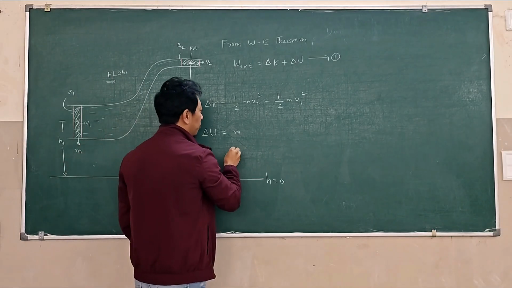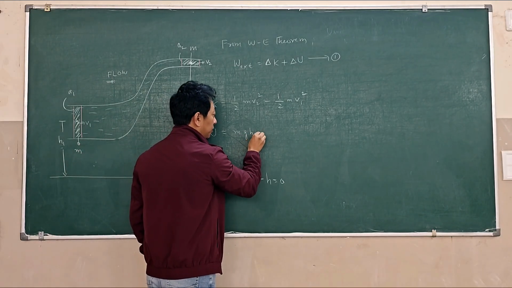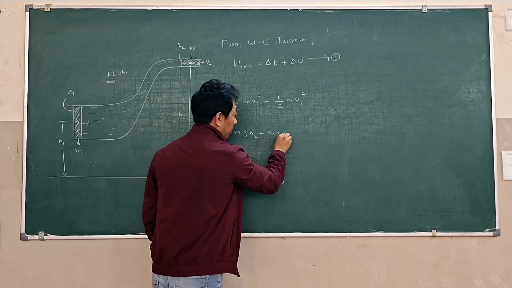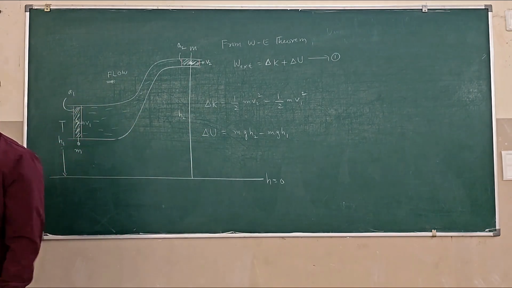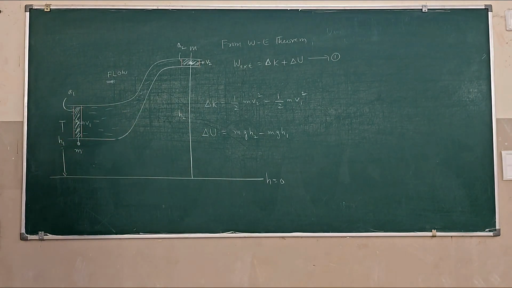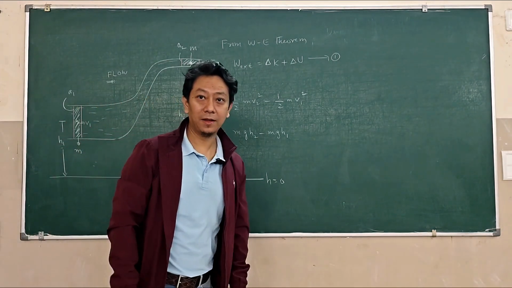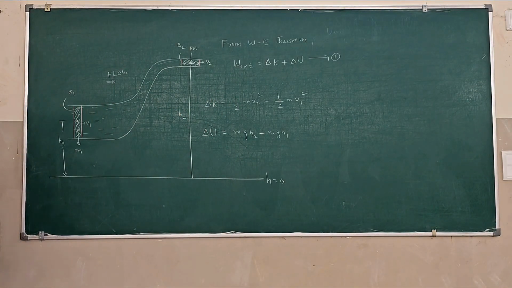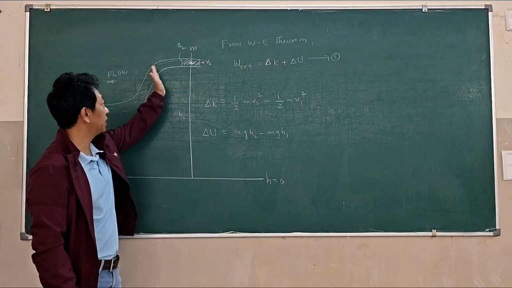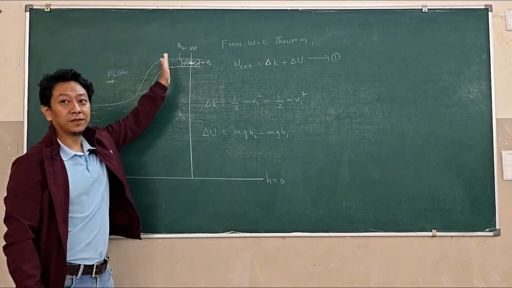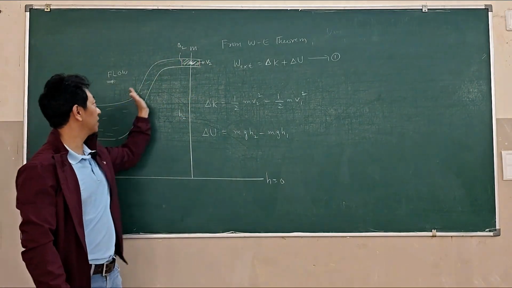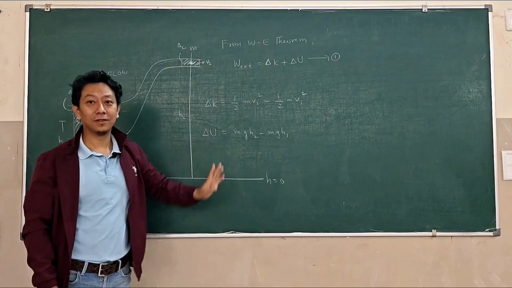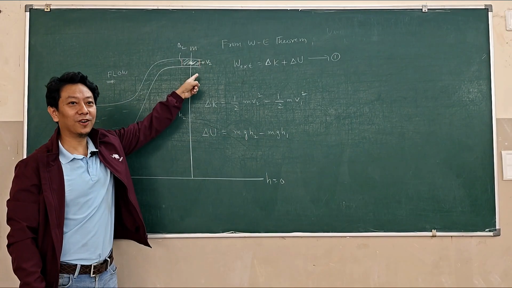Then what will be change in potential energy? mgh2 minus mgh1. Now we are supposed to calculate what? Work done by external force. Now who is the external force here? That is the question. By the way, did you notice potential energy increased? Did you also notice kinetic energy increased? Because velocity here is more.